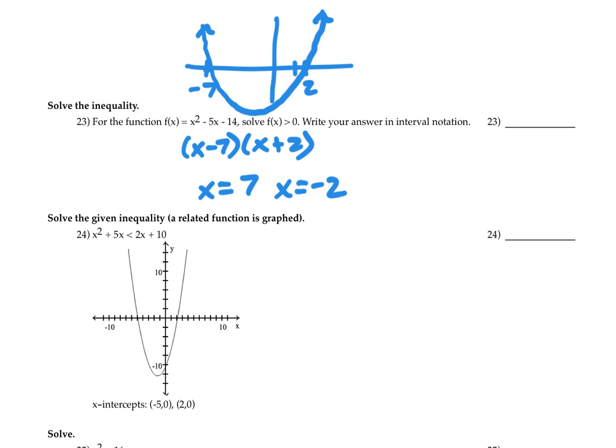Really, we're just paying attention. Does it open up? Does it open down? And when is it above the x-axis? So it's above the x-axis to the left of -7 and to the right of 2. And then we want to decide, are we including -7 and 2 or not? Well, if it was equal to, we would include it, right? But this is not, it's just greater than. So we only want to know, when is it positive? And so from -infinity all the way up to -7.